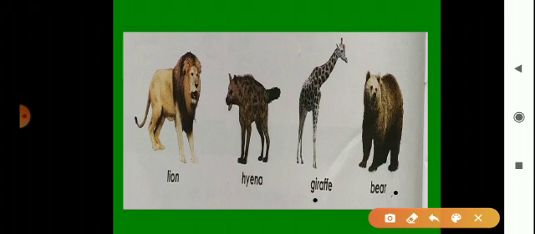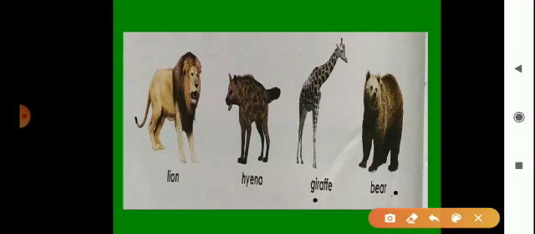Those which live in a jungle are called wild animals. Now they find food, water, and shelter on their own. For example, the lion finds its food on its own. All these wild animals find their food, water, and shelter on their own.